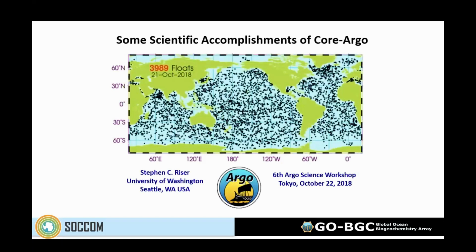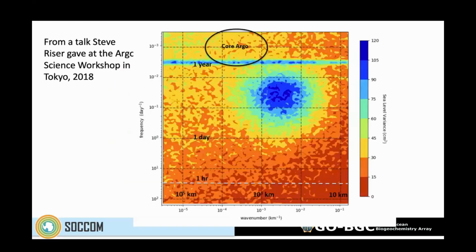He gave a talk at the 6th Argo Science Workshop in Tokyo on the scientific accomplishments of core Argo, and he used this diagram to cast his whole talk. This is the sea level variance in color from the sea surface satellites, the frequency of the variance and the wave number of the variance.